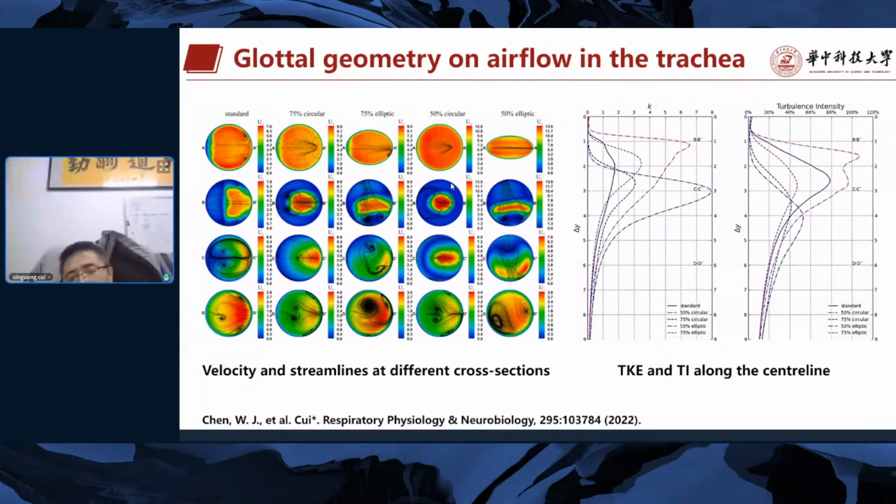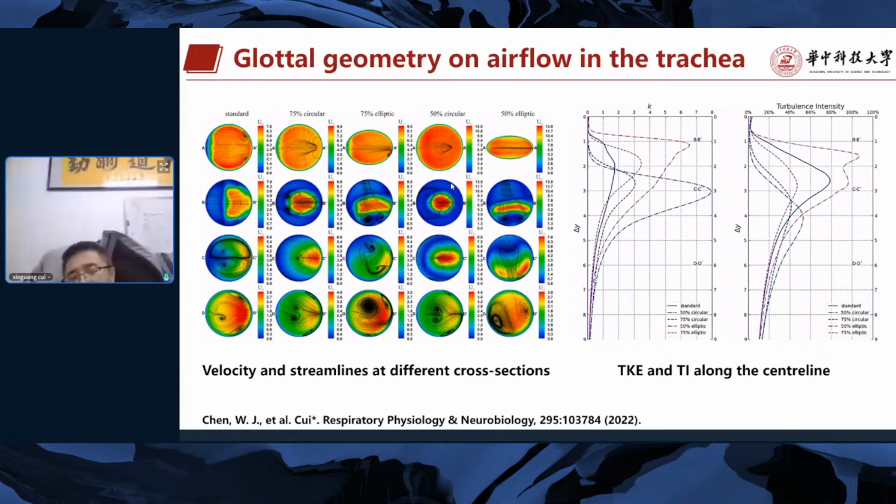For example, we considered two shapes, circular and elliptic, with different reductions: the glottal area is 50% of the standard case and 95% of the standard case.